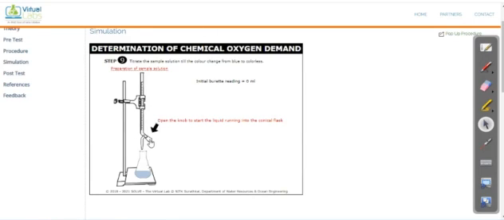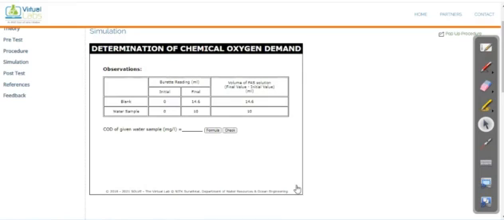Now here again you need to titrate. Again the same sample is to be converted from blue to colorless. Once it is colorless, we note down the reading, and here we got a final burette reading of 10 ml. Now we click on the next button.